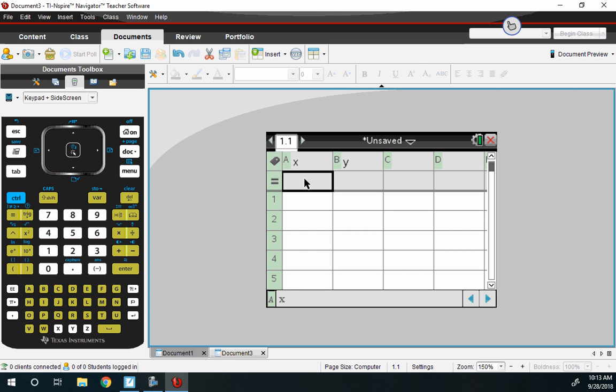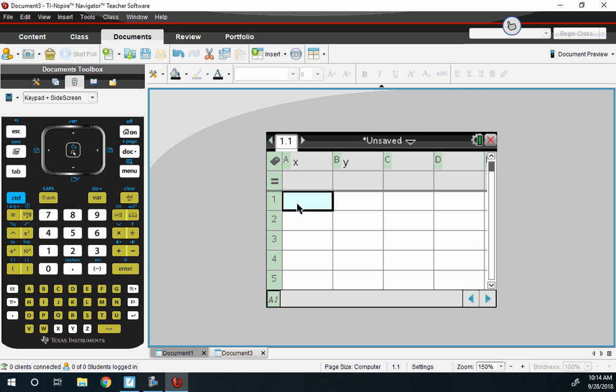Otherwise, the calculator might inadvertently generate a series of hyphens all the way down to infinity. Here's the problem. If there's hyphens all the way down to infinity, you're not going to be able to run this quadratic regression, and you'll have to delete each one. You know how long that's going to take? It's going to take a while. So anyway, let's not put anything in the box next to the equal sign until we figure that out.